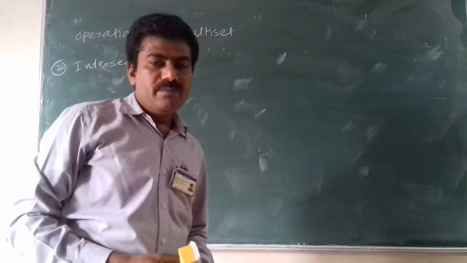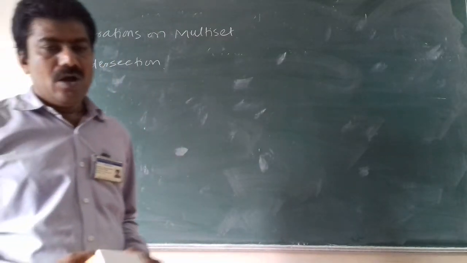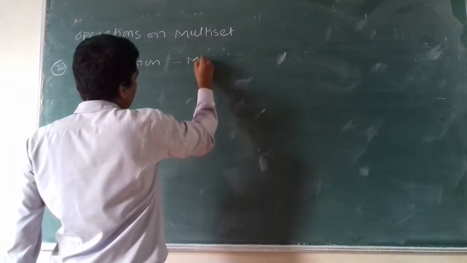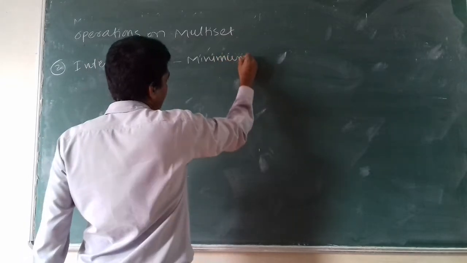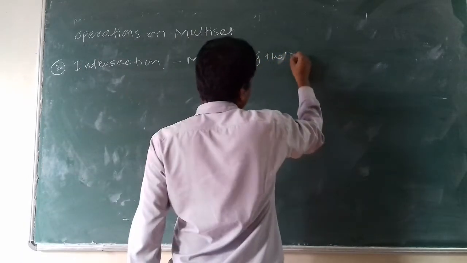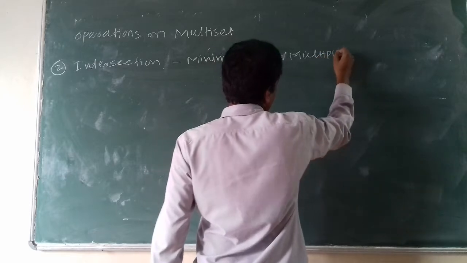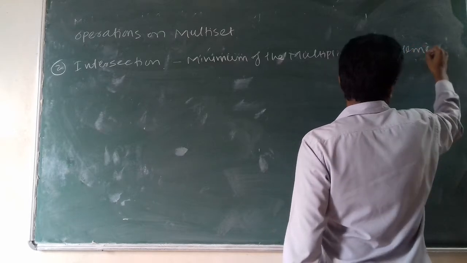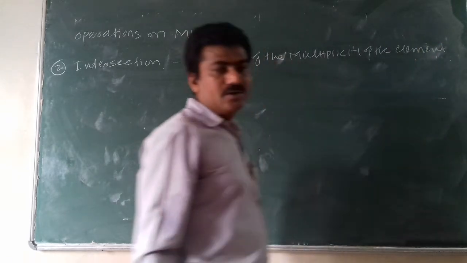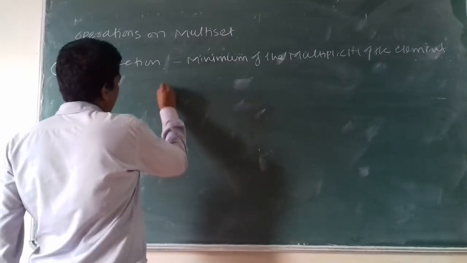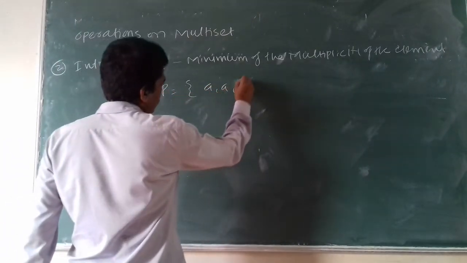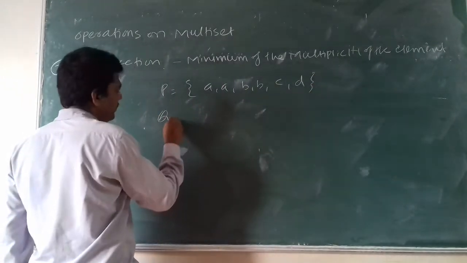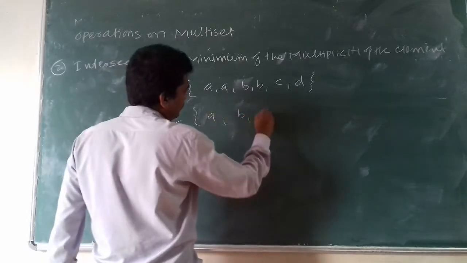So it's the minimum of the multiplicities of the elements in P and Q. For example, P and Q, where Q is another set A, B.